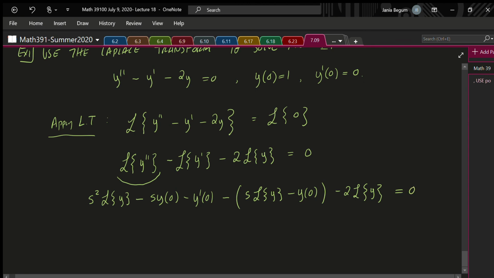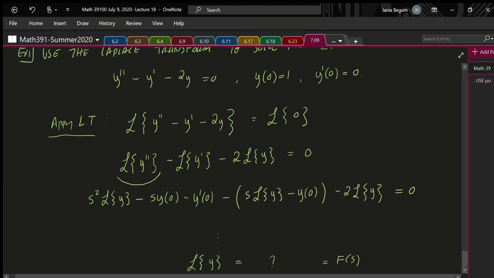So the idea here is to keep going, and at the end you want to solve for Laplace transform of y. What you will get is everything in terms of s, which is what we want because that is the function big F of s.